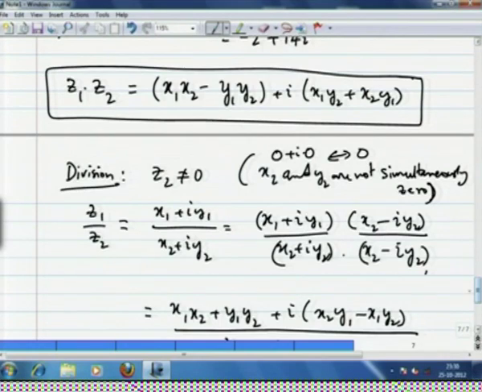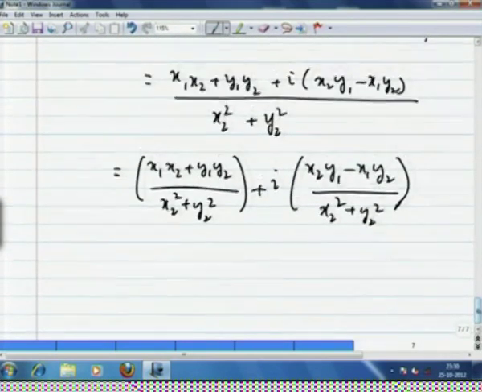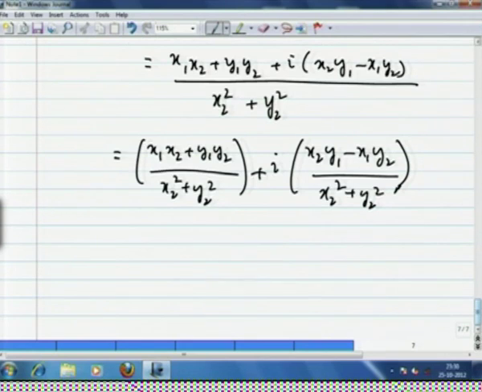So, these are the rules for addition, subtraction, multiplication and division, and they follow the following properties, which might be familiar to the viewer from an earlier course on complex numbers.